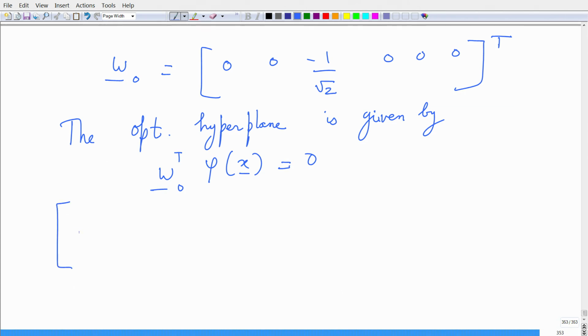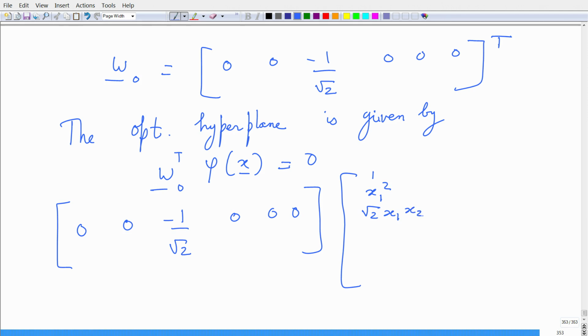So, I plug this in, I have 0 0 minus 1 upon root 2 0 0 0 times 1, x1 square, root 2 x1 x2, x2 square, root 2 x1, root 2 x2, this is equal to 0. So, just a third term remains.